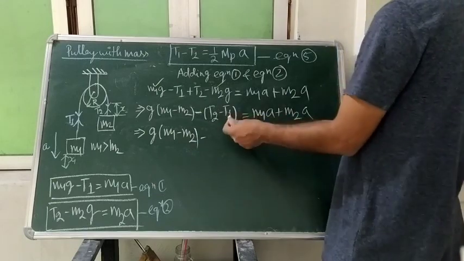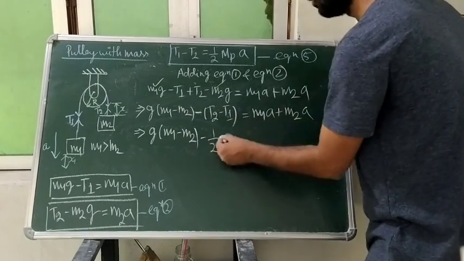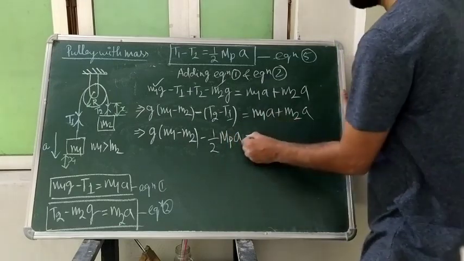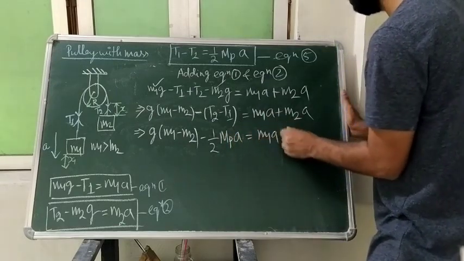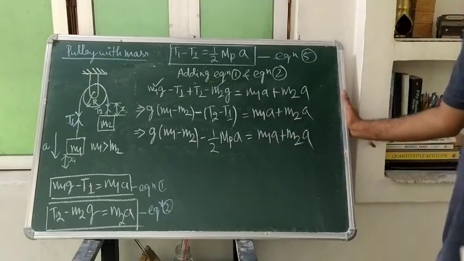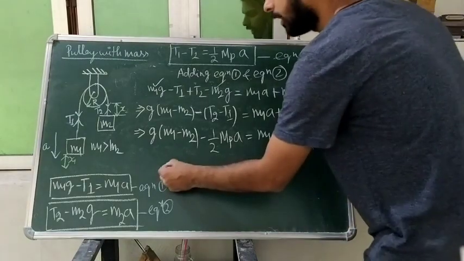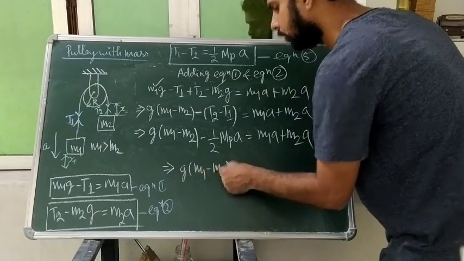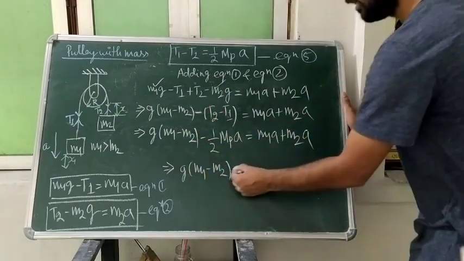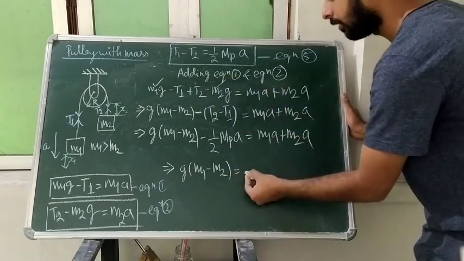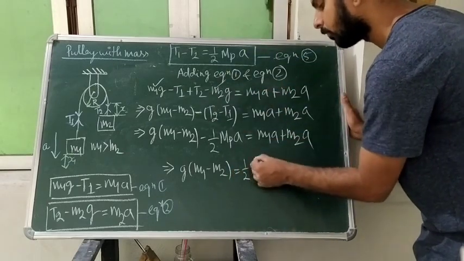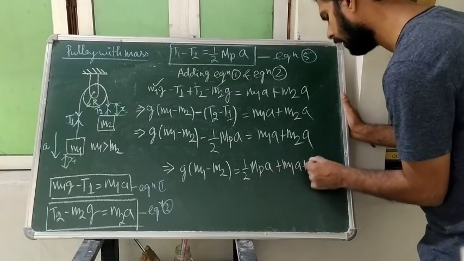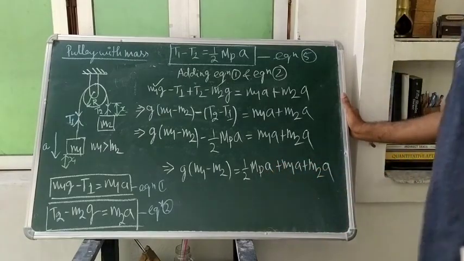At the place of T2 minus T1, what you will put? 1 by 2 mass of that pulley and linear acceleration equals to M1A plus M2A here. Next, what can you do? That G times M1 minus M2, you can leave on the left side only. This you can bring to the right side. So it will become 1 by 2 mass of pulley times A plus M1A plus M2A.